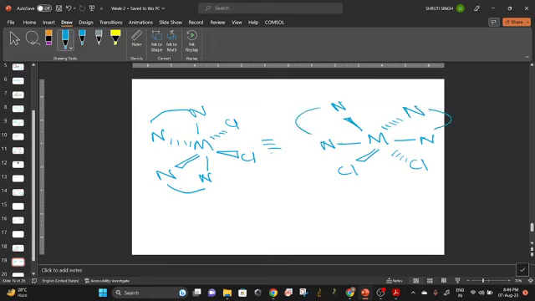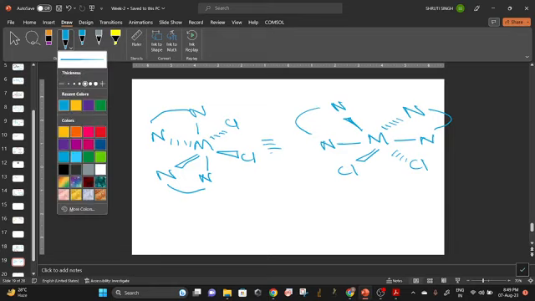So I think now I can see the C2. Where is the C2? Can you guys see?